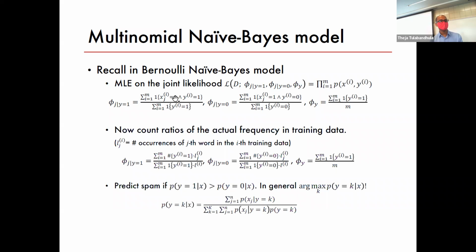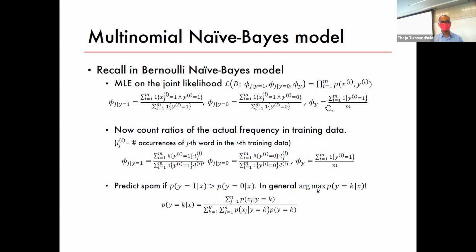Unlike that, now what's going to happen is you will have an extra Lj, which is a data point in your data, right? So there will be a weighting by this Lj in your proportion computation.